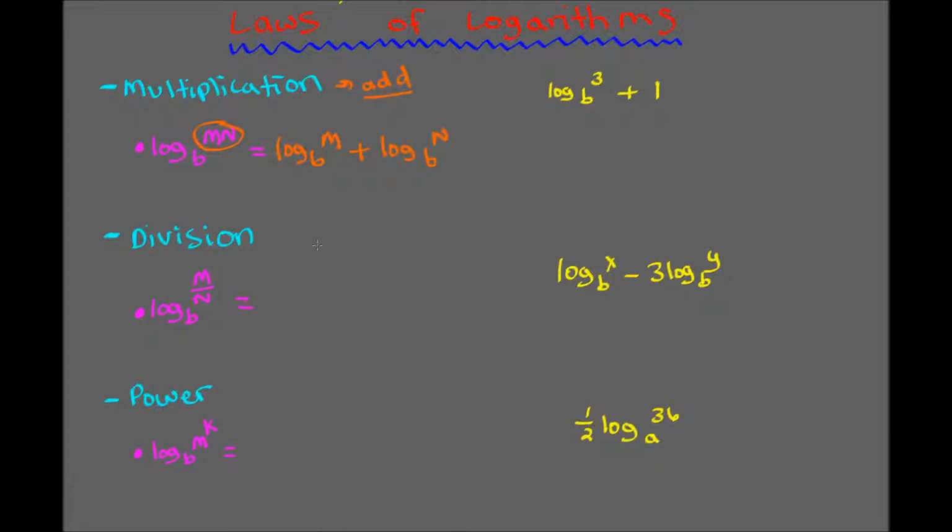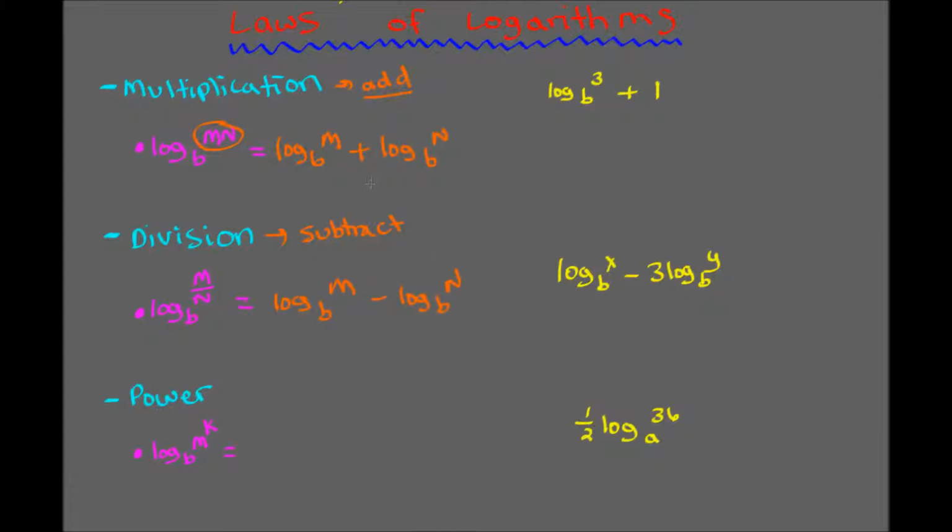added. As you probably might have guessed already, in the division law it's exactly the opposite. If you have two components that are being divided, then you would subtract. So log base b of m over n is the same thing as log base b of m minus log base b of n.